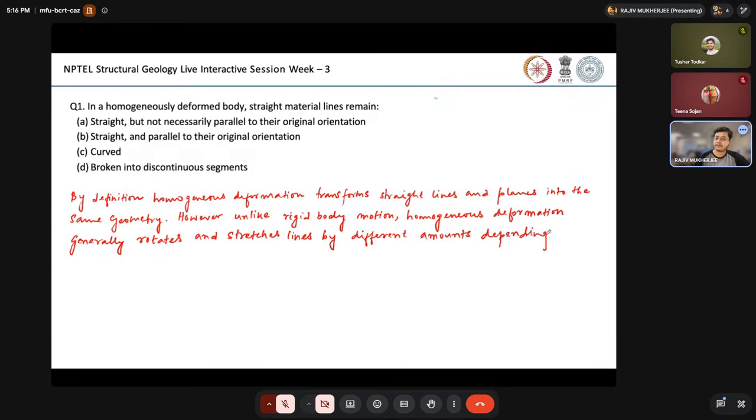Depending on their initial orientations with respect to the principal axis of strain.